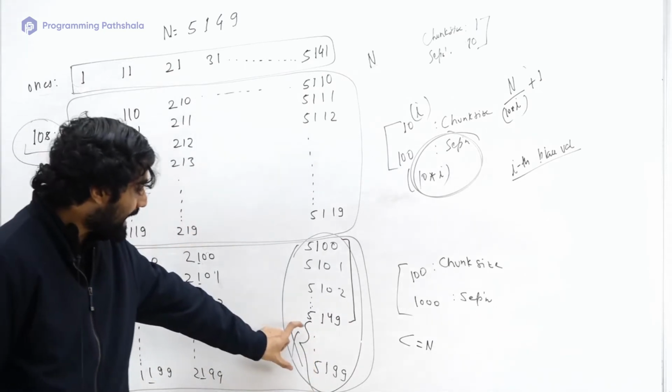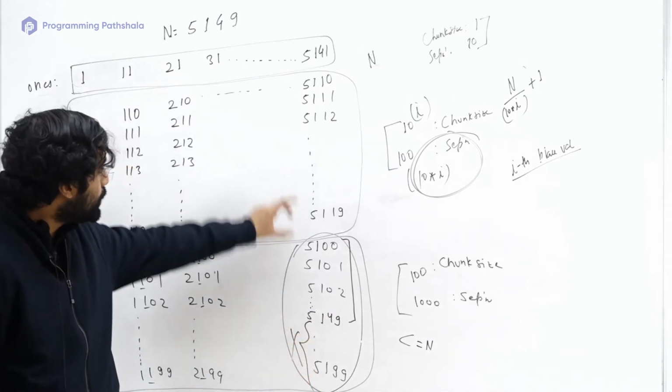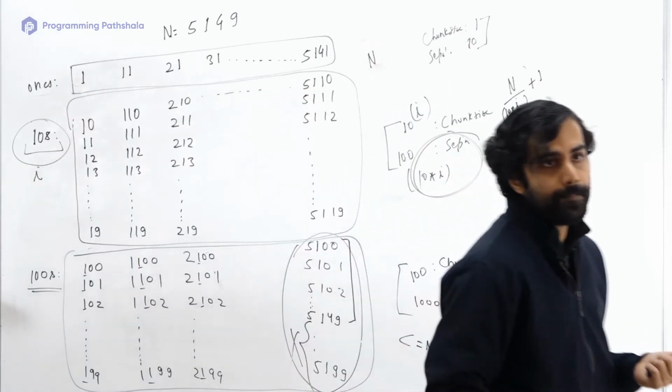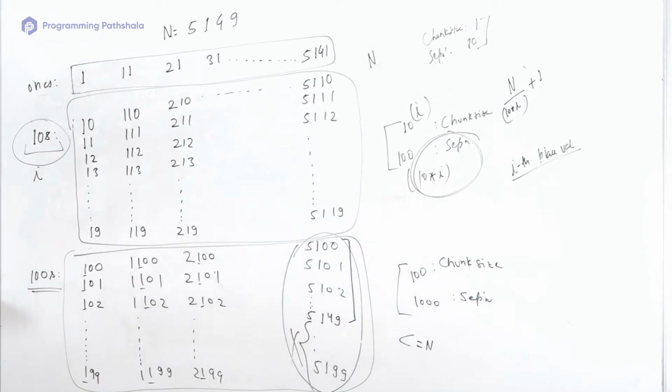So you will have to cancel off their contribution, and it could have happened with the last chunk of other place values as well. So this is to be kept in mind. Does that make sense to everyone, guys? Yes or no? That's the only thing to be kept in mind.